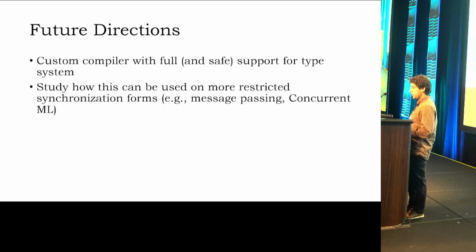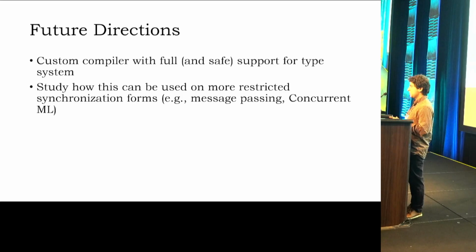So in the future, while these implementations are really good for showing that these aren't exotic restrictions and they're not overly burdensome, it would be great to have a custom compiler that actually has full support for this type system and safe support, because both of these implementations actually use a little bit more user effort than we would have liked.